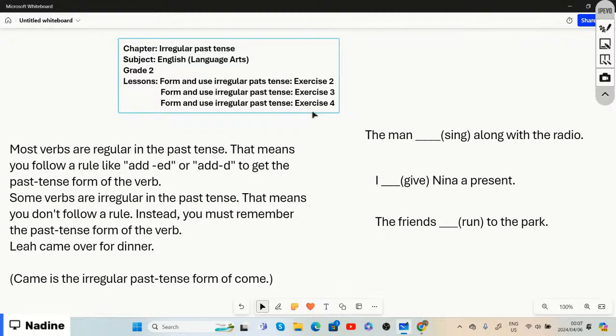And then we have irregular past tense. Some of the verbs are irregular in the past tense. When it comes to irregular past tense verbs, they do not follow any rules, like adding d or ed or anything.